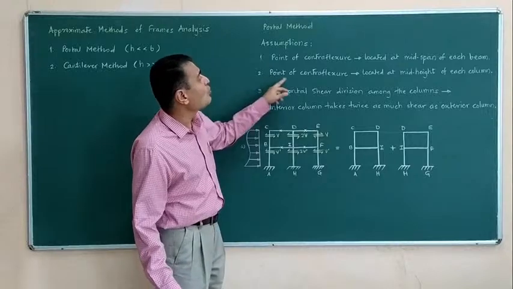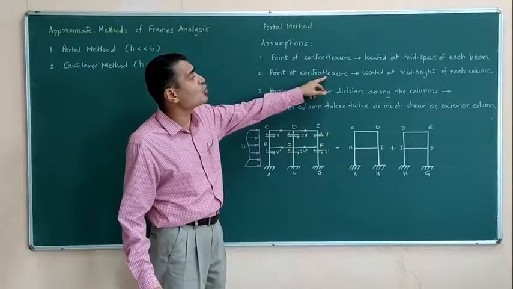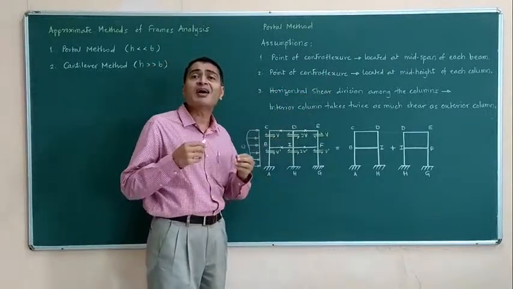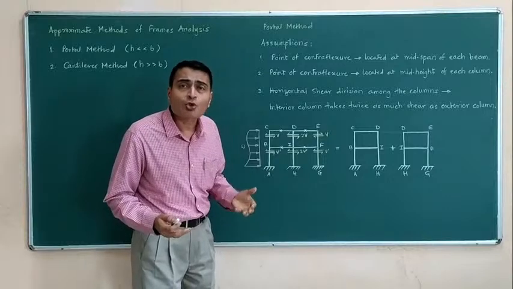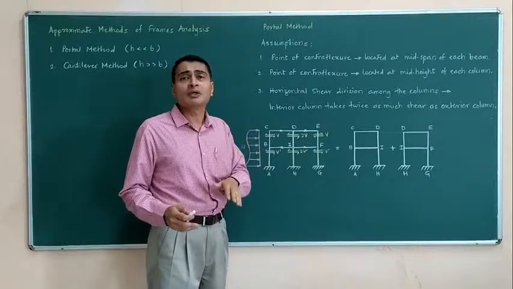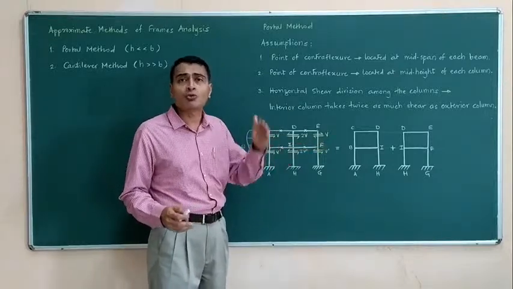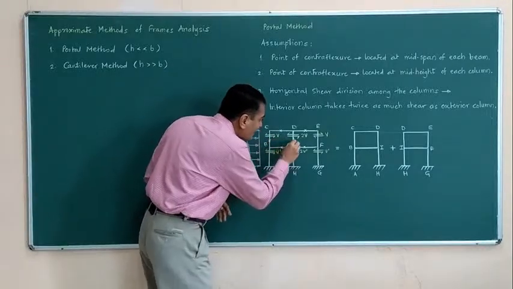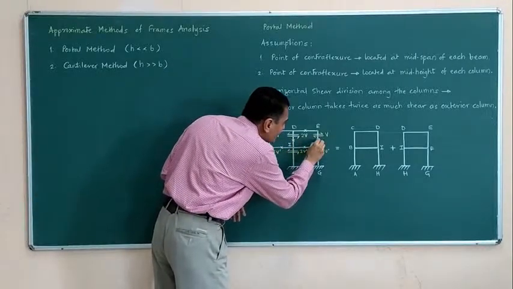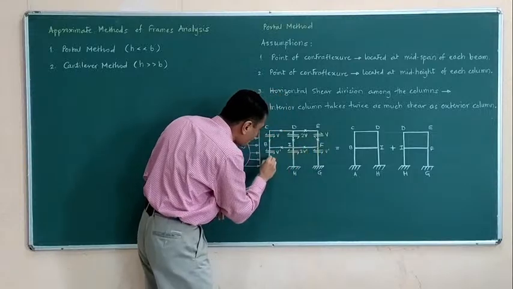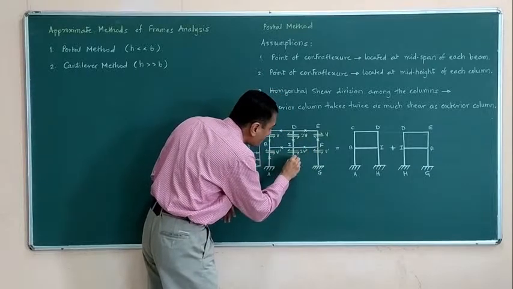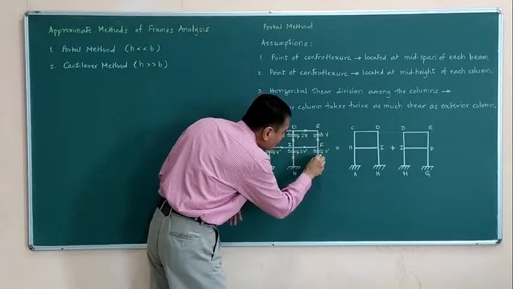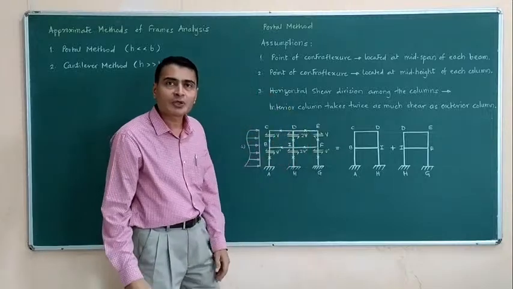Second assumption, point of contraflexure is located at mid height of each column. So quite a similar assumption. Earlier it was for beam, now it is for column. So it is believed that exactly halfway through, that is h by 2 for each column in each story, there exists point of contraflexure.